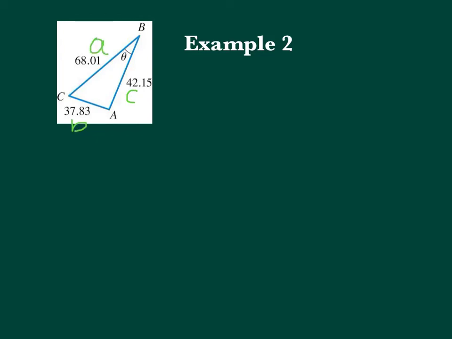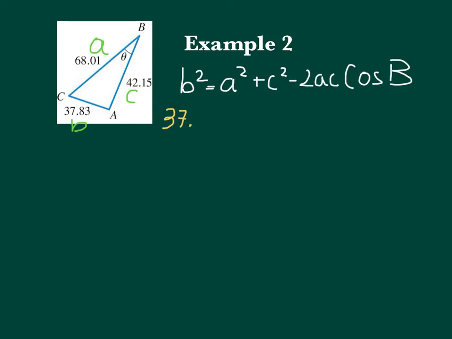Now, this time to decide which equation to use, you'll notice I'm looking for angle B. That means I probably want to use the equation that has an angle B in it, which would be the one that starts with b squared and ends with cosine of b. I've now put the equation in, and now I'm just going to replace each of my variables with the numbers I know. b squared is going to be 37.83 squared.